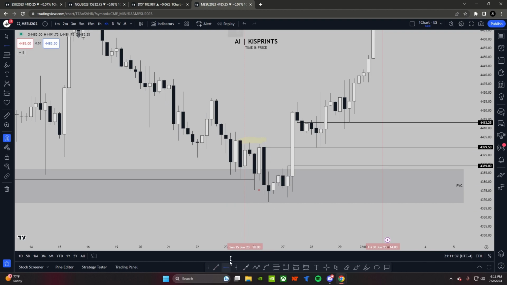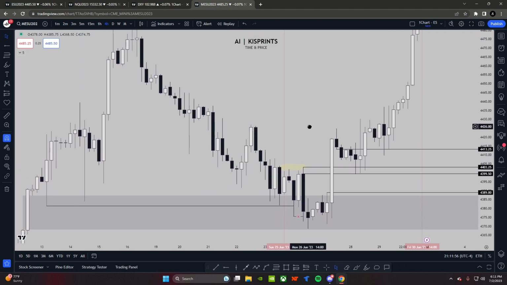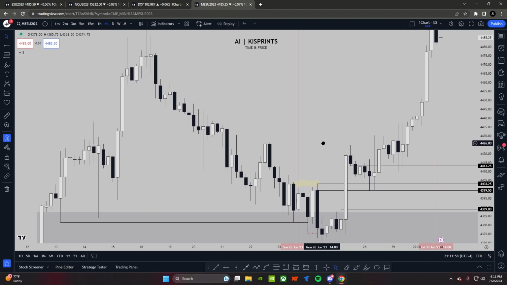Okay, so the wick, why would it be on the wick and why would it be on the body? If the wick lines up with a fair value gap, you have reason to enter on the wick.